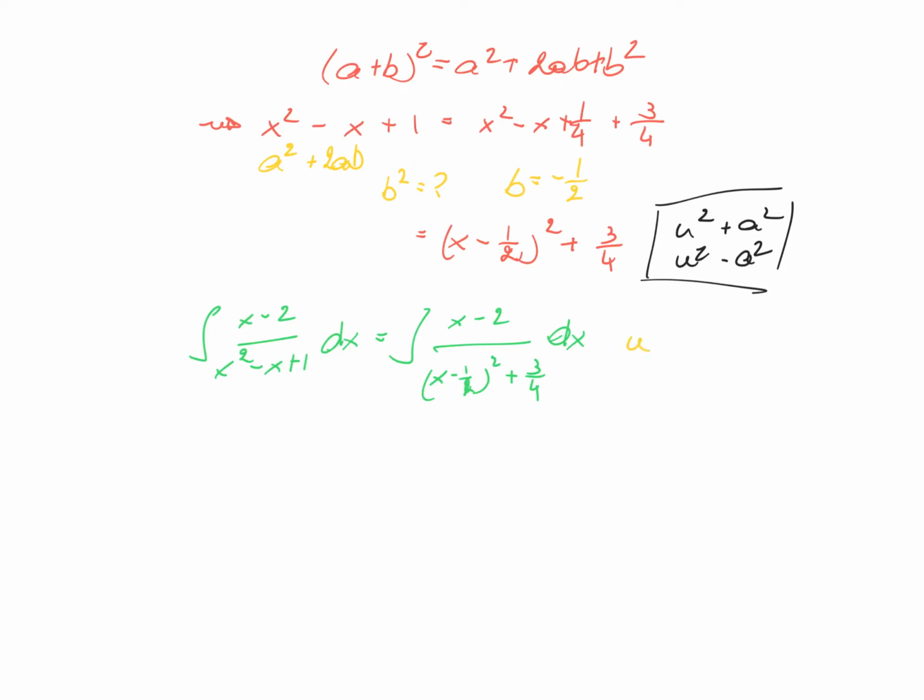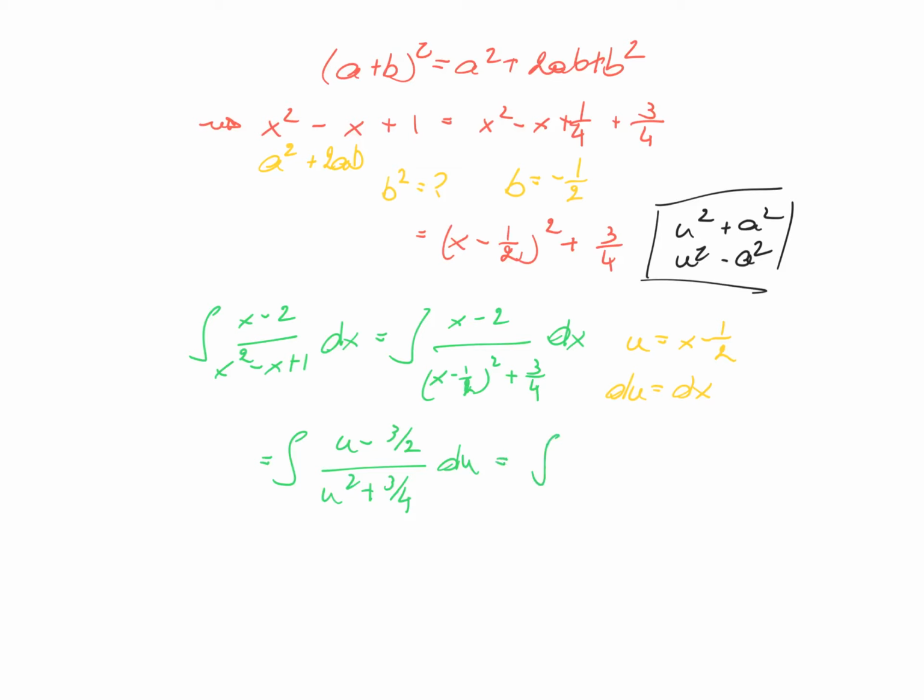Then perform a substitution, u equal to x minus 1/2. So this means that du is equal to dx. So we get the integral of u minus 3 over 2 divided by u squared plus 3 over 4 du.